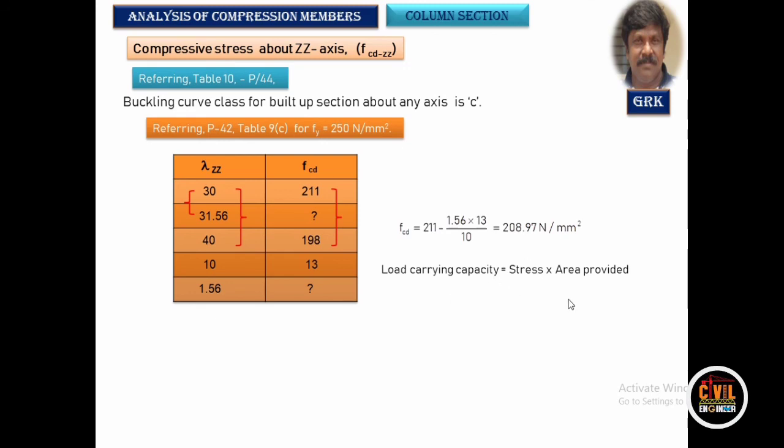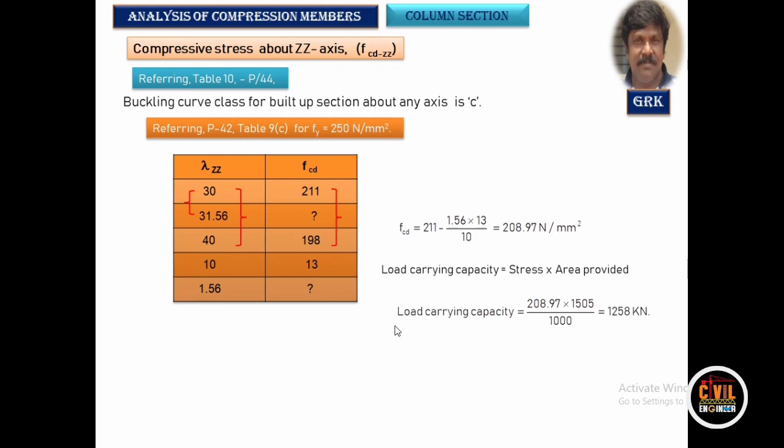FCD is 208.97 Newton per millimeter square after the interpolation. Get the load capacity. It's 1258 kilonewton is the load carrying capacity of the member.